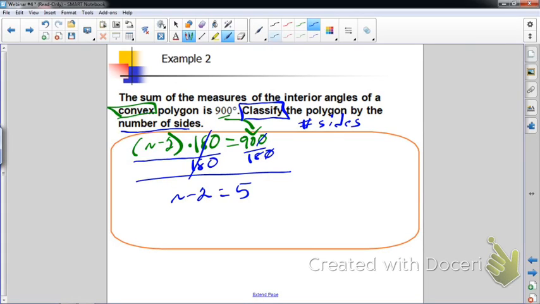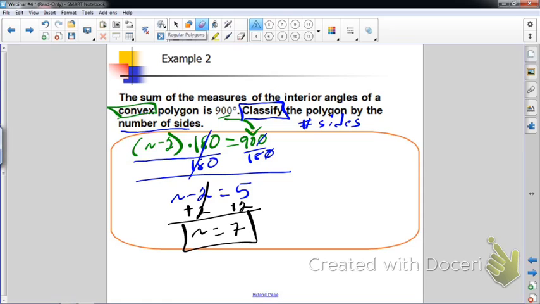Then I'm going to use the addition property of equality, where I move the 2 to the other side, and I have n is equal to 7. So this polygon is a 7-sided polygon. Let me see if I have, here we go. This is what it should look like right there.